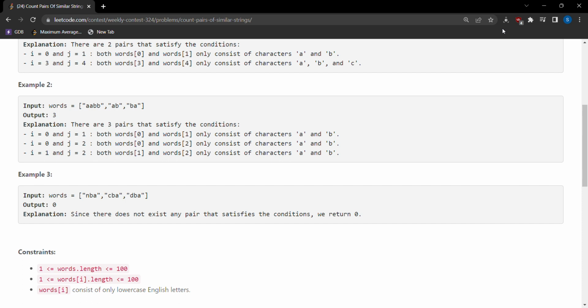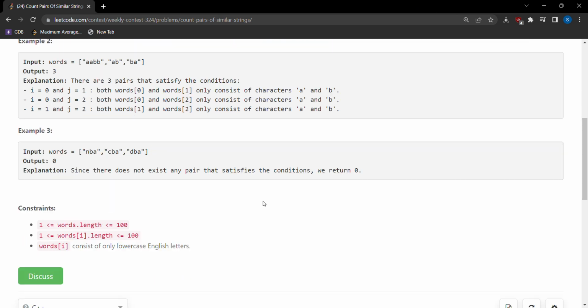So that would be nC2. Here it was 3C2, which is 3, so that's why the answer came 3 here. In the example I took with 4 words, the answer would be 4C2, that's 6.